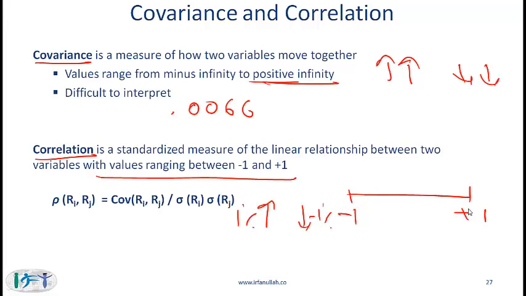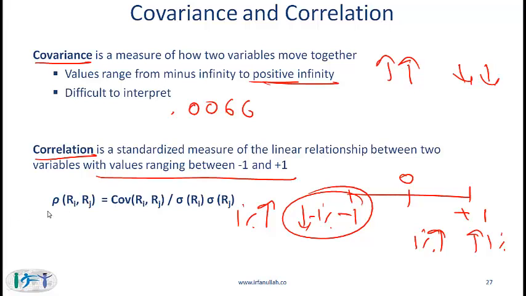A correlation of +1 means that there is perfect positive correlation, whereas a correlation of 0 means that whether this stock is going up or not has no bearing on what the other stock is doing. So connecting back with material that we saw in probability, a correlation of 0 would mean that the two events, stock A going up and stock B going up, are independent.